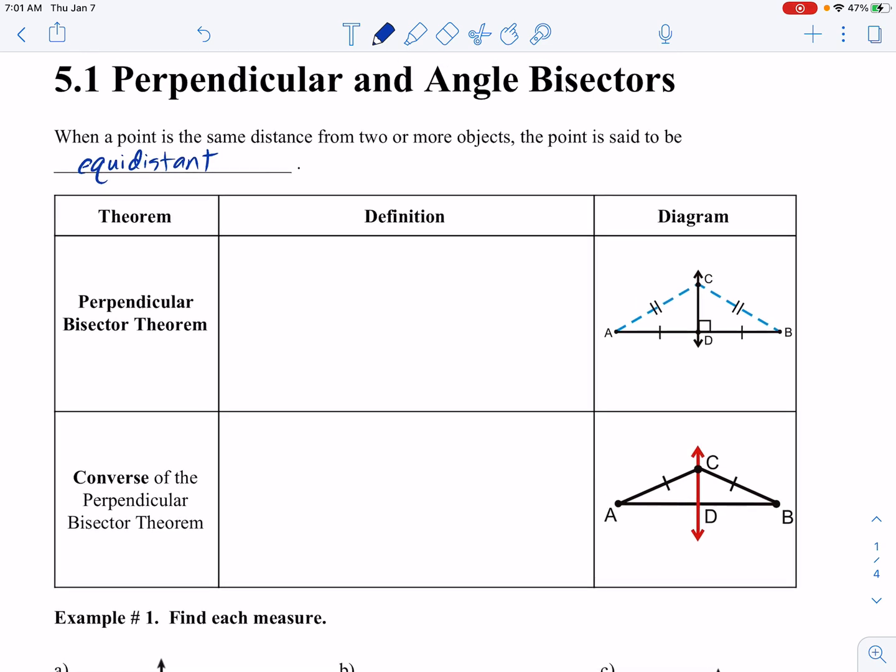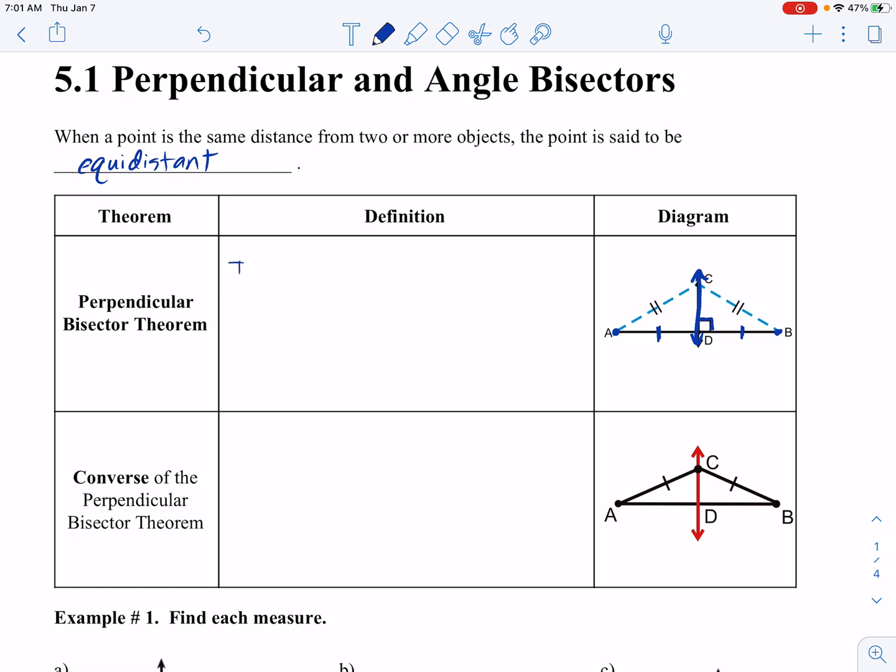So first, for perpendicular bisector, you can see right here, this line, CD. CD is a perpendicular bisector because this right angle means it's perpendicular, and these two congruent markings mean it's bisecting. It's splitting this segment AB in half.